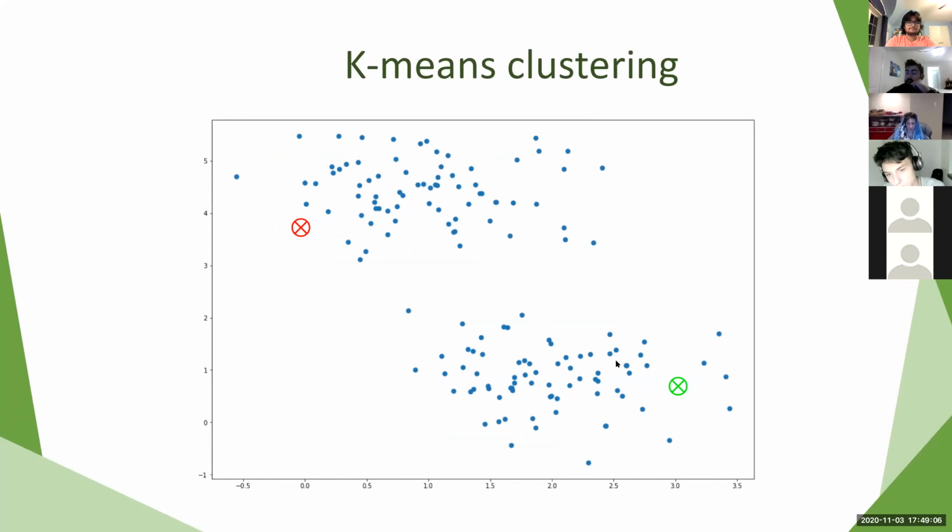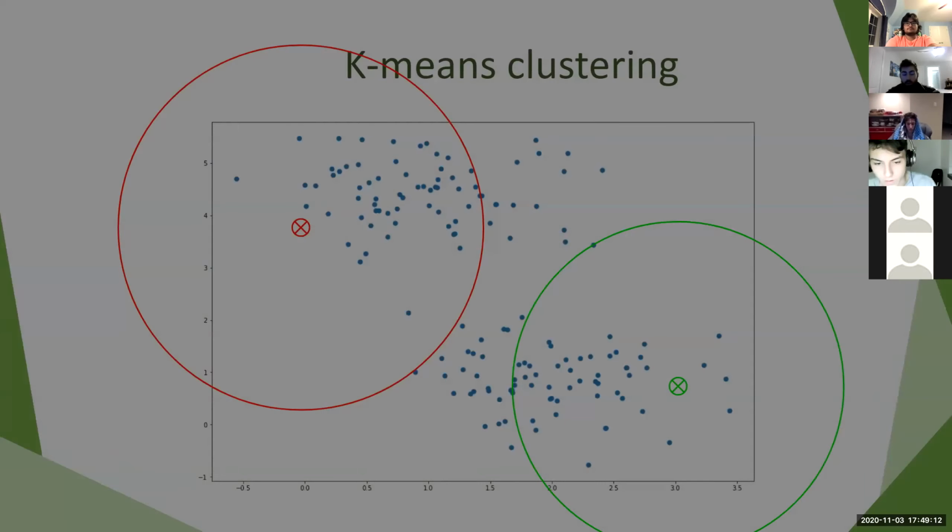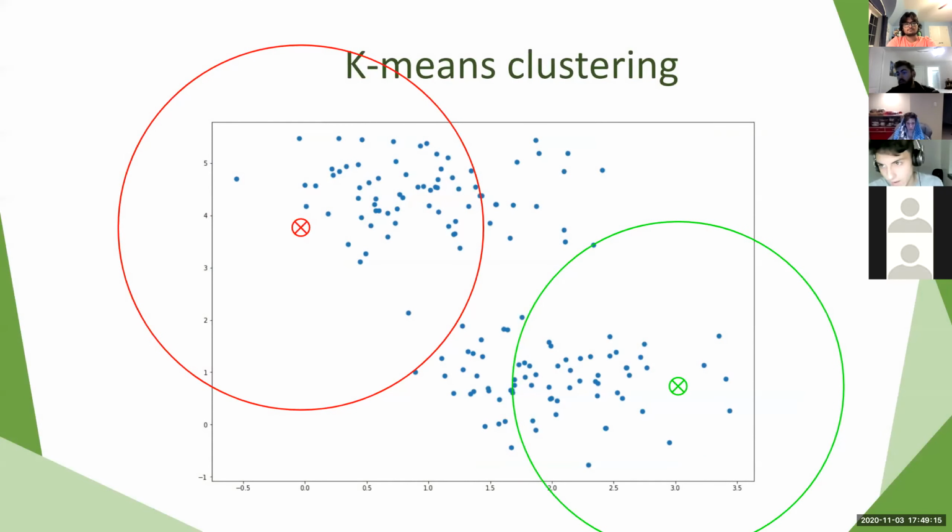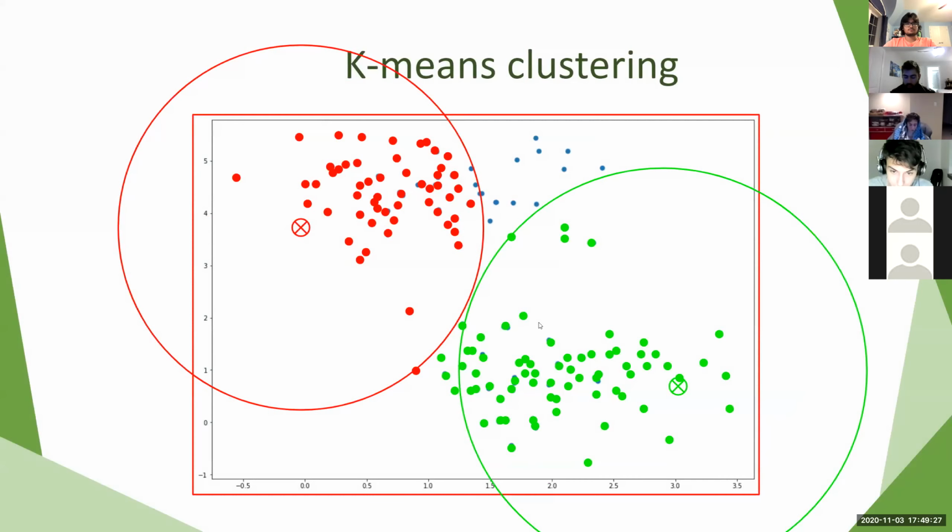There are two. So we choose two random points, and then we go outwards from them and try to classify every point outwards from our first point, what we call the centroid, until all the points are classified, kind of like this.